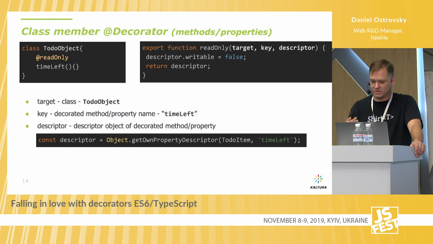Higher order function readOnly, our decorator, accepts the arguments target, which is our class, to-do object; key, a string, the name of the decorated method or property; and descriptor, the same descriptor we get with getOwnPropertyDescriptor, passing in the class and the property name.